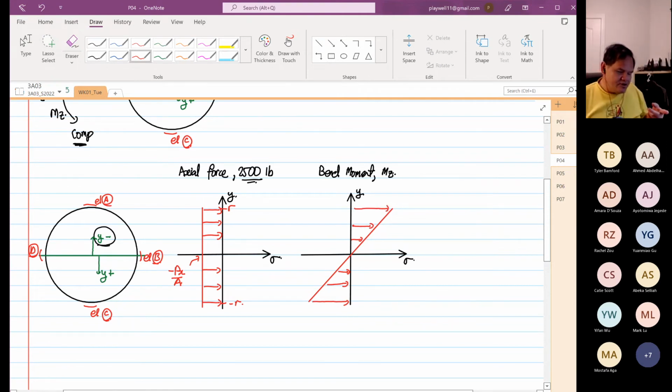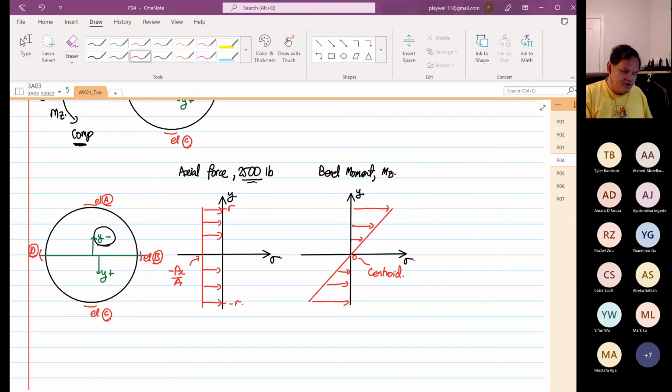What you realize is that where it is 0, at the centroid, the centroid has 0 stress. Further away from the centroid, your stresses are high.